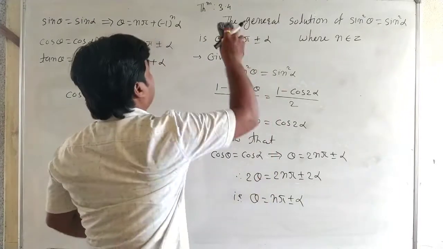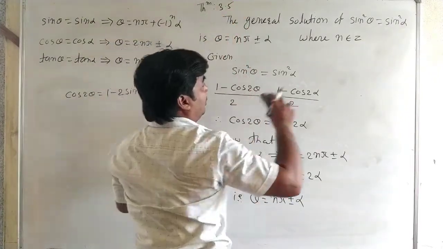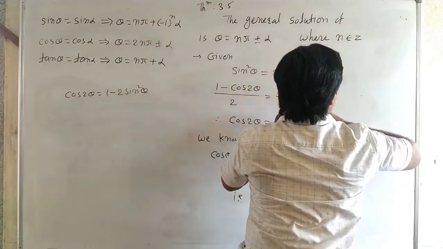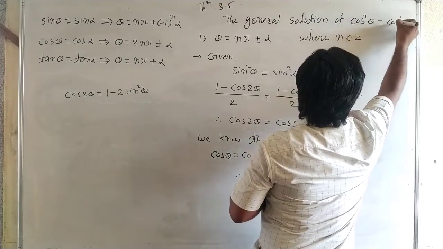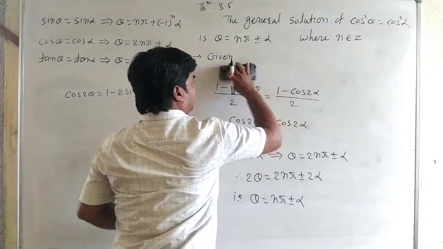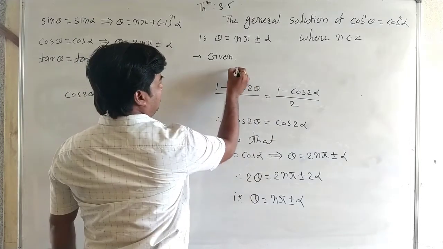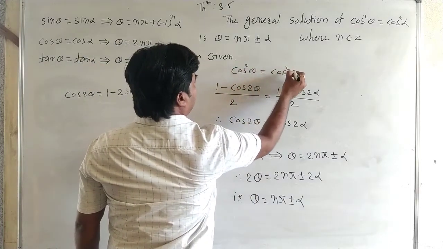Same for cos square theta is equal to cos square alpha. Theorem number 3.5. Here it is cos square theta is equal to cos square alpha. See carefully. Here the given equation is cos square theta is equal to cos square alpha.